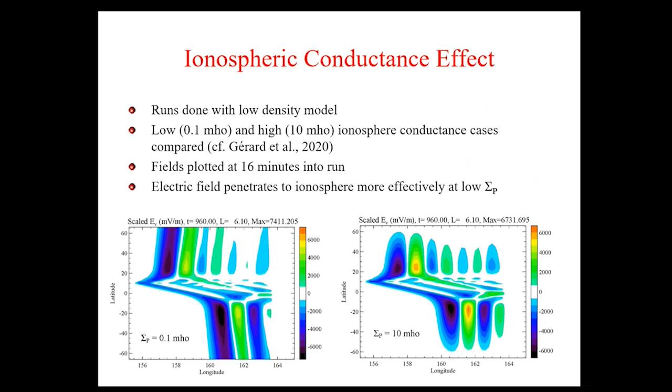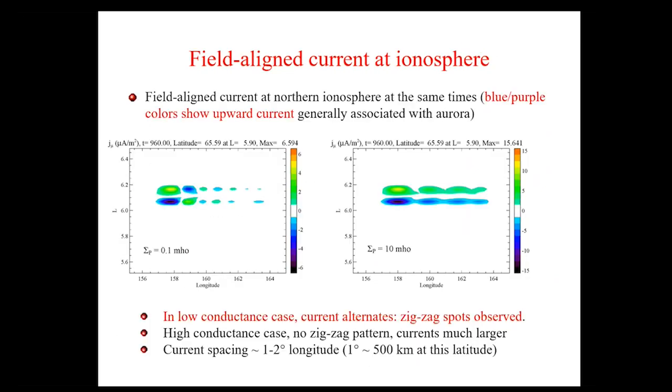The other thing we noted is that if you look at the different ionospheric conductivities at Jupiter's ionosphere, not at Io, there's a lot of structure depending on whether the conductivity is low or high, in this case 0.1 or 10 mhos. What's interesting is that in the low conductance case, the current pattern alternates like this because of the reflection coefficient of Alfvén waves.